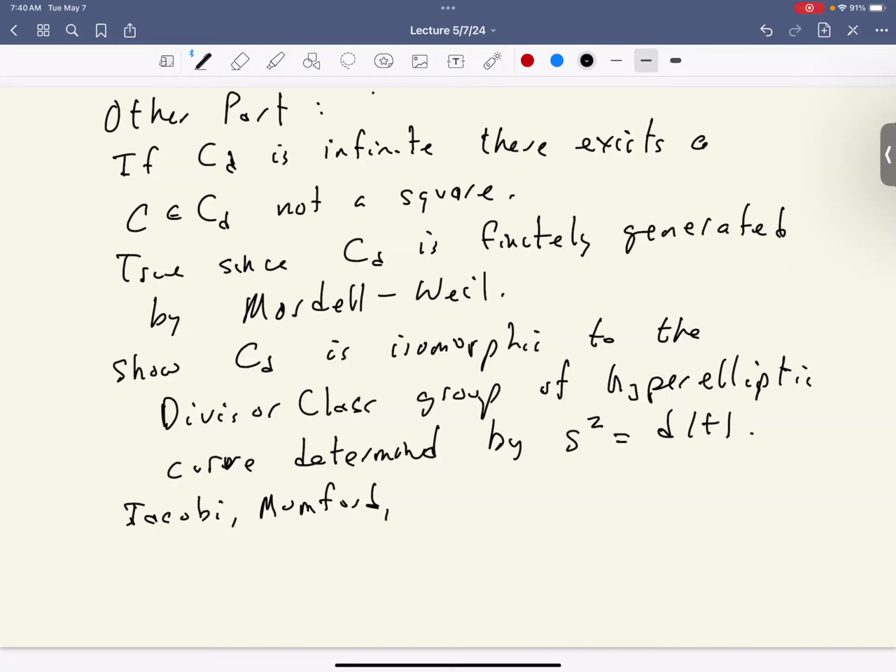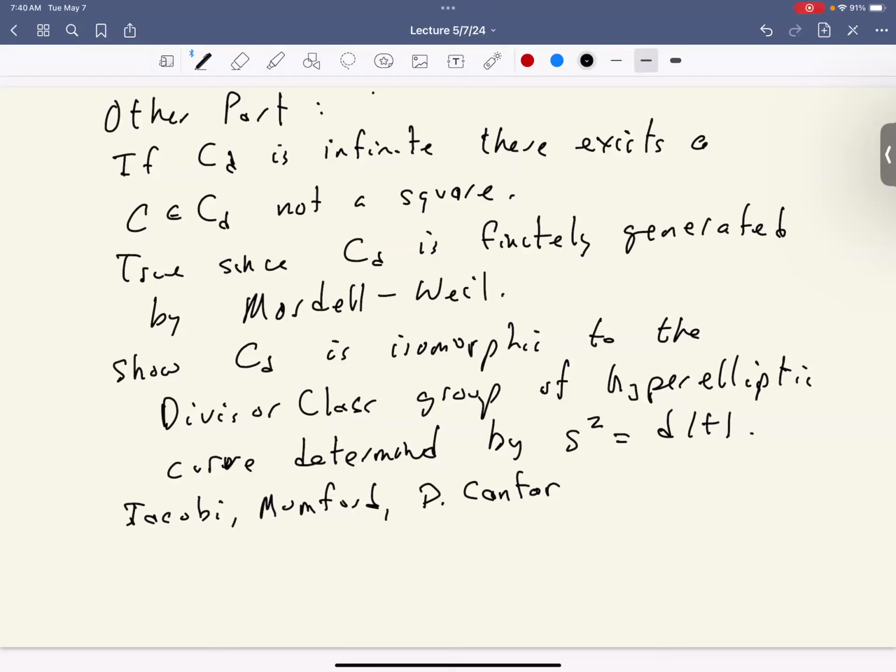And then Cantor, David Cantor, in kind of a famous paper amongst people who do cryptography, actually showed that you can define the addition in the Jacobian using something that looks like composition of quadratic forms. In fact, it is.